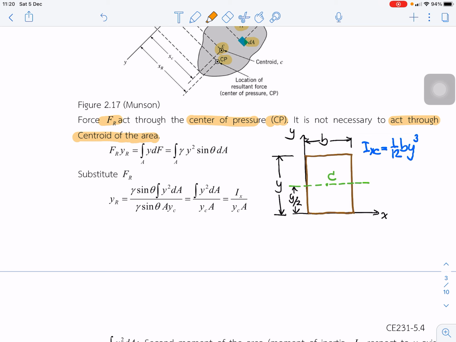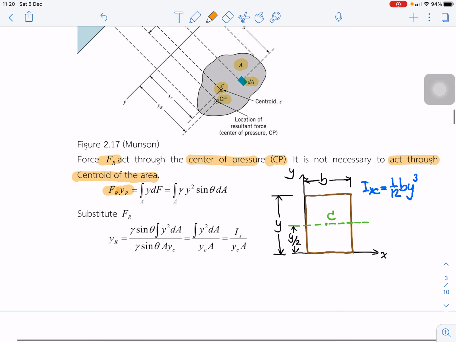We find it by FR times YR equal to the integration of y dF. For the integration of y dF we substitute dF, so we get y gamma h dA.